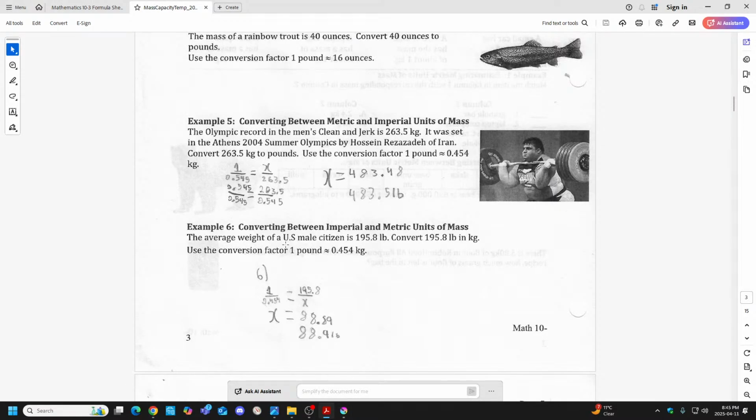So the average weight of a U.S. male citizen is 195.8 pounds, which is roughly probably where I am. Convert 195.8 pounds into kilograms. Okay, so now you guys know. That is 88.9 kilograms. All right, drop in the yays.